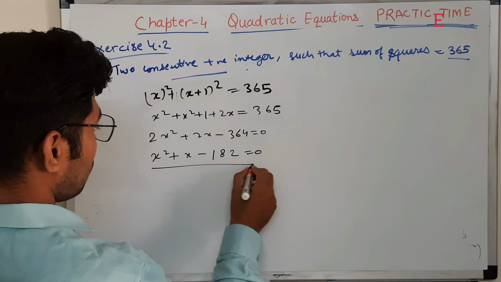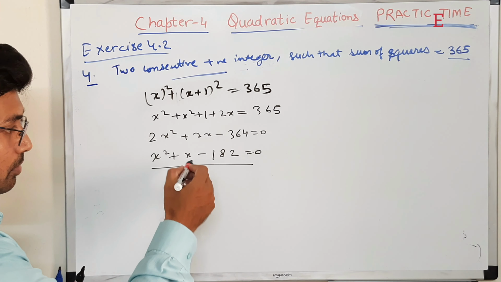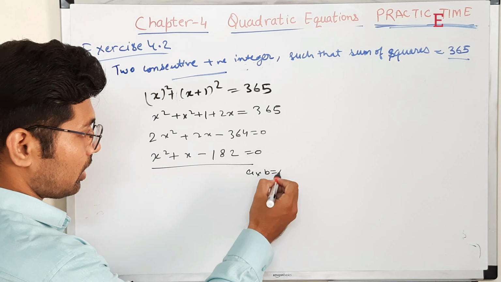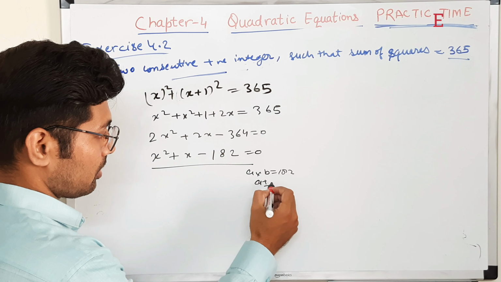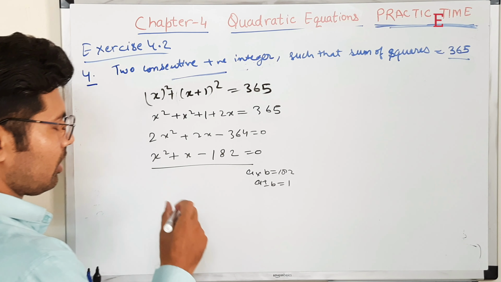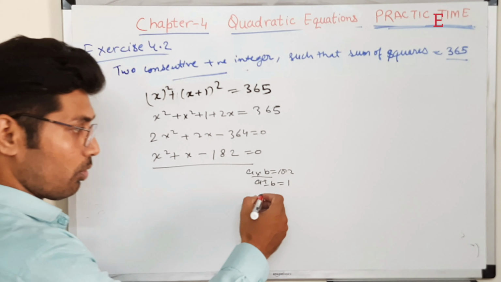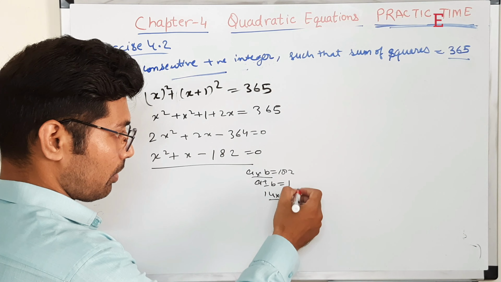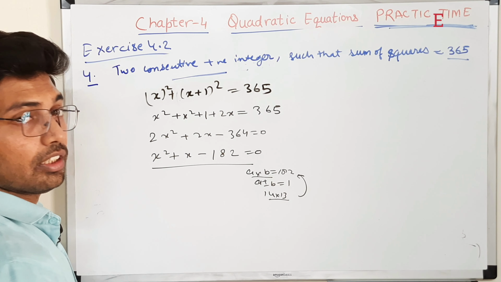Okay, now we need to find two numbers whose product is 182 and sum or difference is 1. Now we know 14 into 13 is 182 and 14 minus 13 is 1.